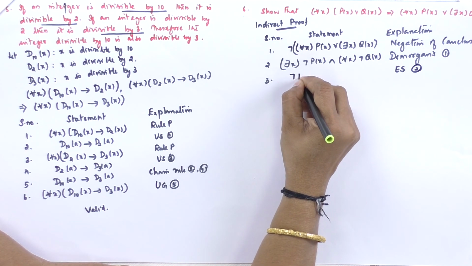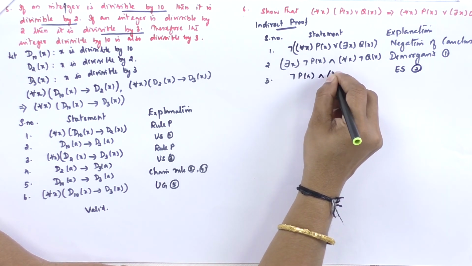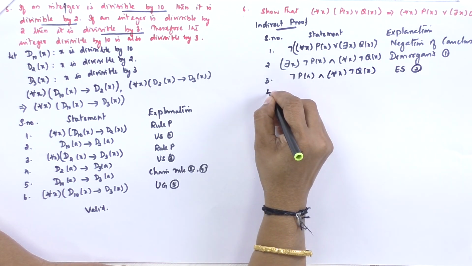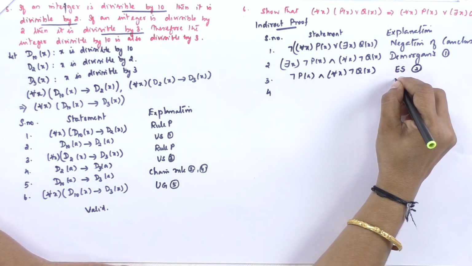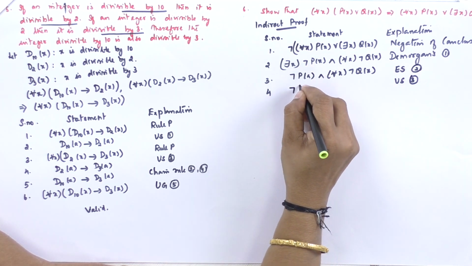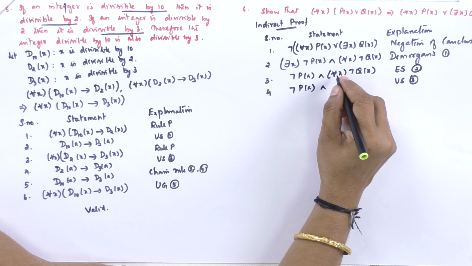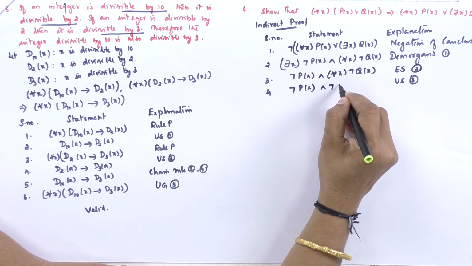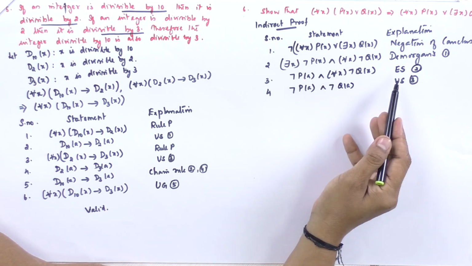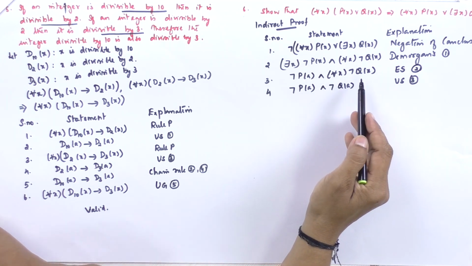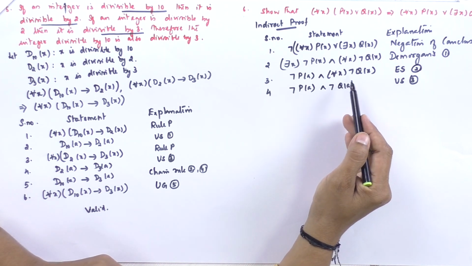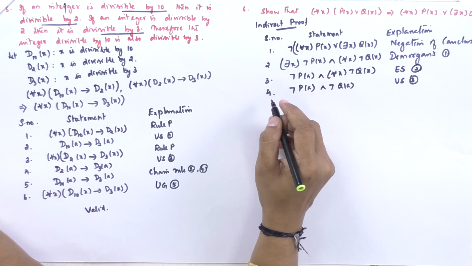We get not P of A and for all x not Q of x. Again we remove this quantification, that is US on 3. So it is negation P of A and negation Q of A. Even though I can apply ES and US simultaneously, since this is the first problem, doing both at once would confuse you, so I have done it in two separate steps.